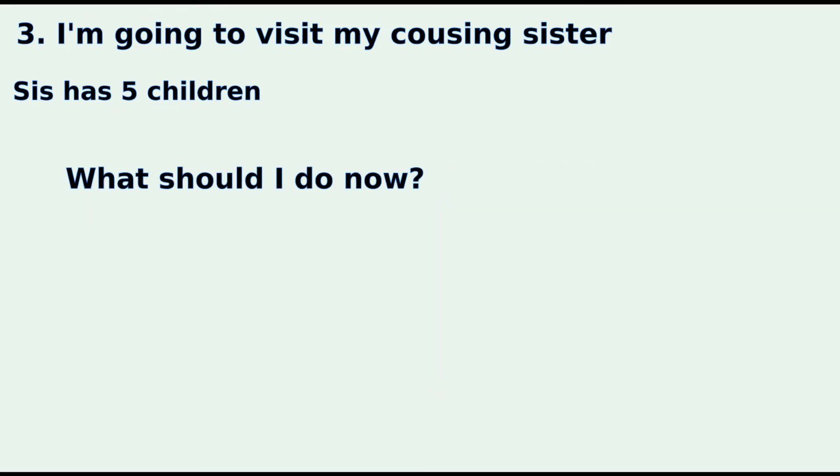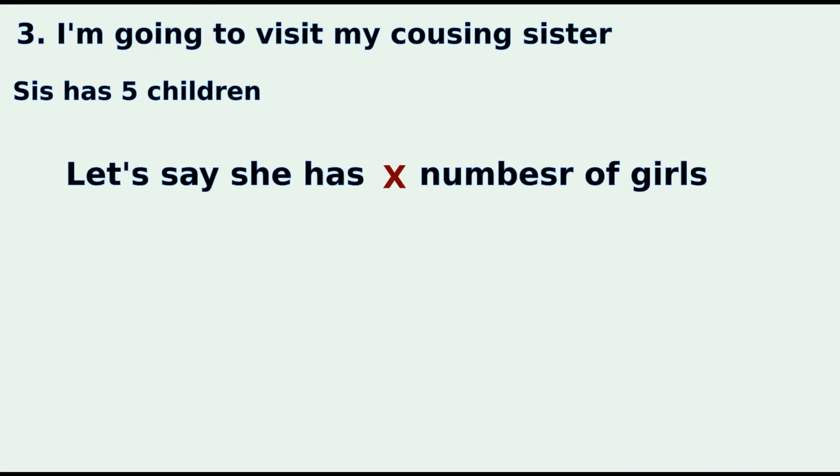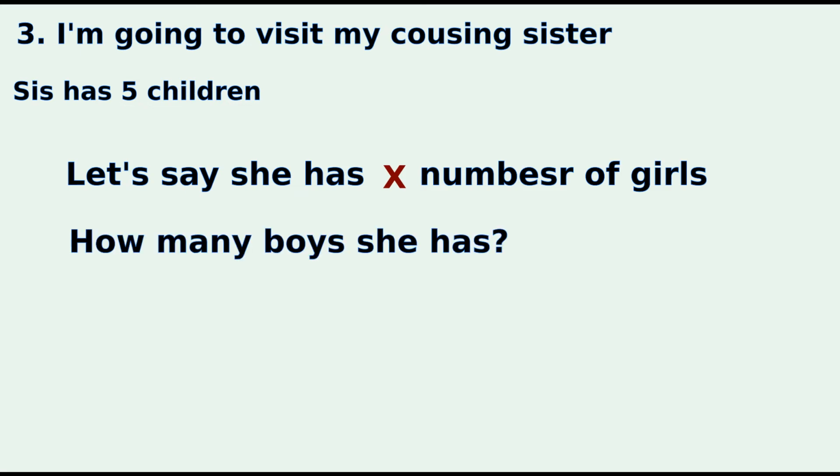What should I do now? Let's use algebra. As I don't know the number of girls she has, let's suppose it's X. She has X number of girls. If the number of girls is X, how many boys does she have?